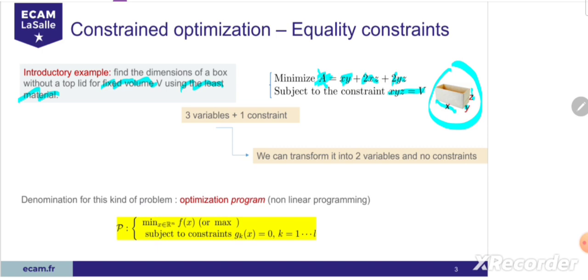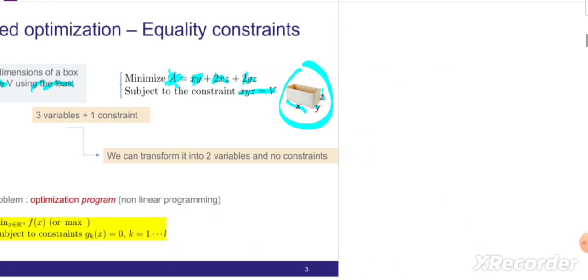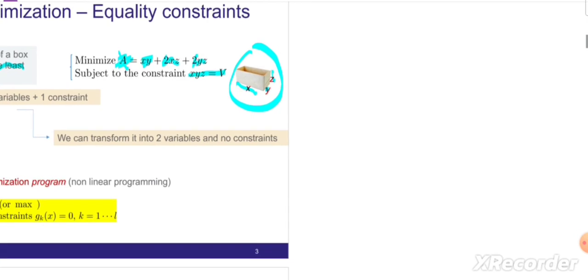So we've got a problem that contains 3 variables, the dimensions x, y, z, and one constraint: the total volume of the box is equal to a given value V. One naive way, and actually probably the best way to address this problem first, is to note that V is given.